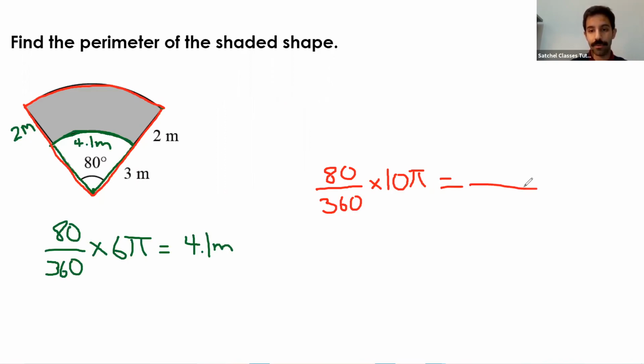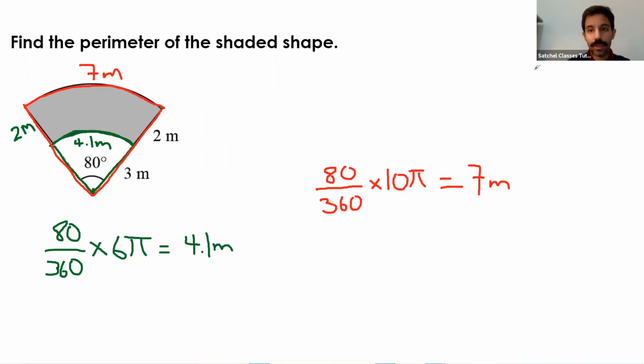That will be equal to 80 divided by 360 times 10 pi, which gives 6.98. So we will round that up to 7 meters. So this arc length is going to be 7 meters.